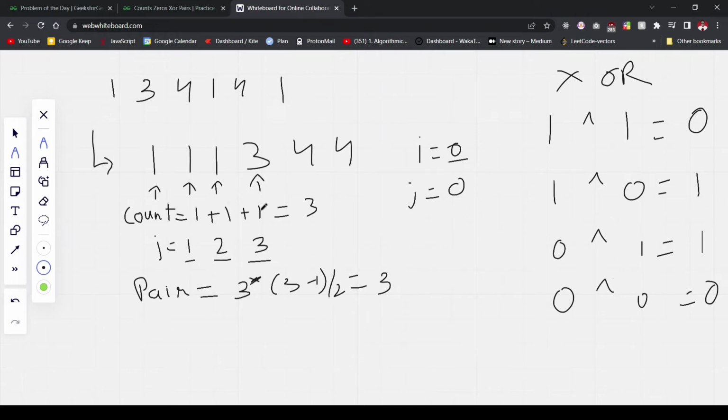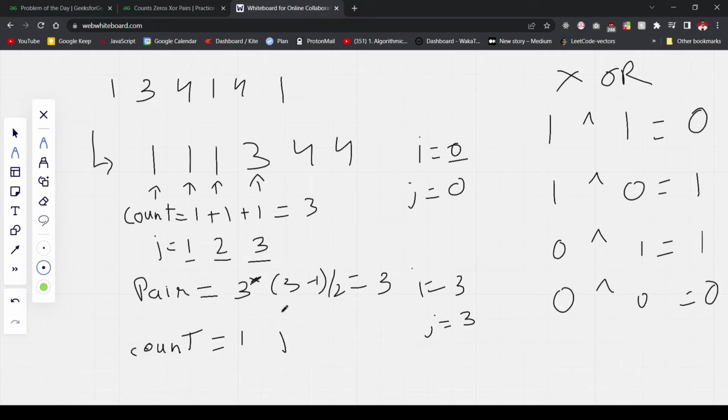Now after doing this, I'll simply reset my i to be j. Now j in this case is 3. My i would be 3 and my j would also be 3. Now again I'll do the same operation. I'll compare 3 with 3 itself. The count is 1, and I'll move ahead j by 1.